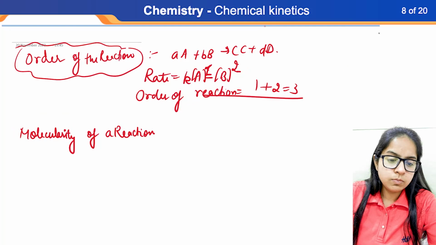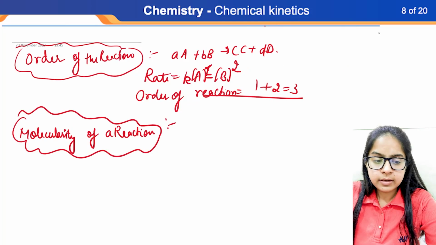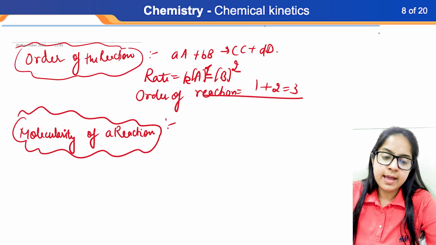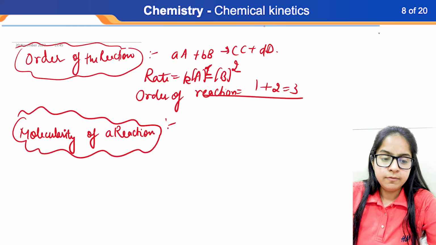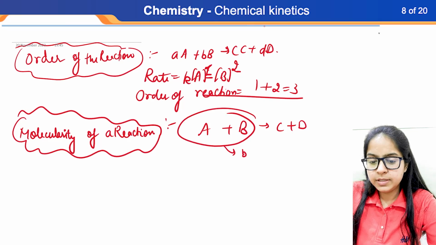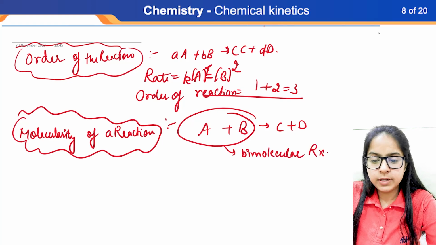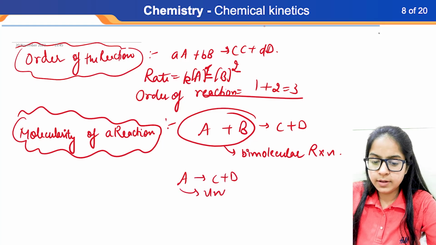Now, next one is molecularity. The number of molecules that are going to collide with each other is the molecularity of a reaction. For example, if we have two molecules A plus B reacting to give C plus D, this is a bimolecular reaction. A giving C plus D is a unimolecular reaction.